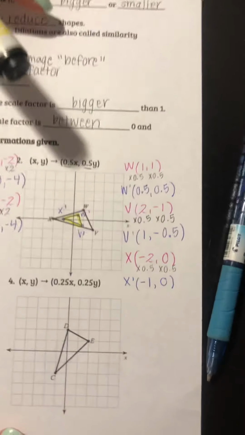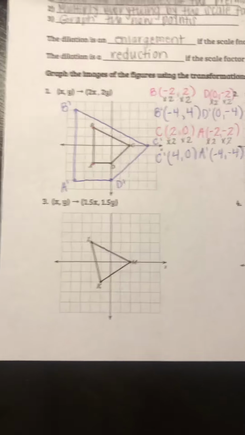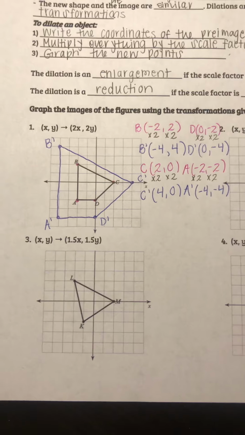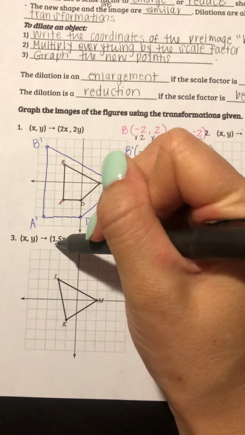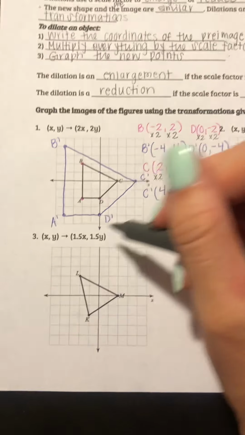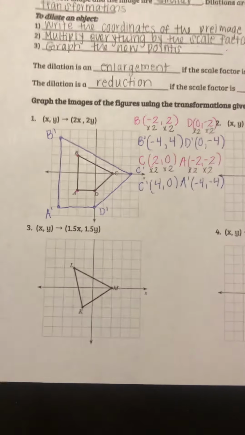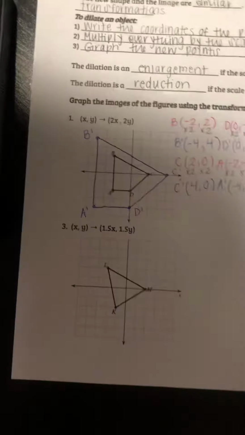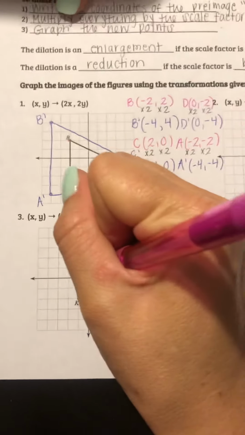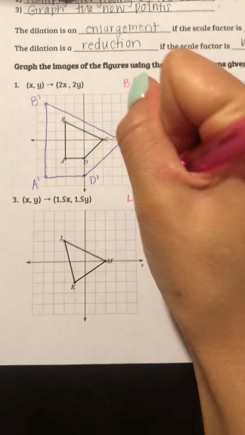Okay, so I'll do number 3. So our scale factor is 1.5. So since it's bigger than 1, that means my shape's gonna get bigger. So start at L, and L is at -2, 2.